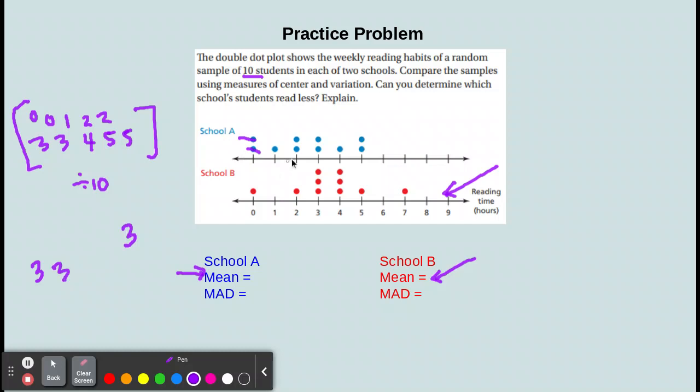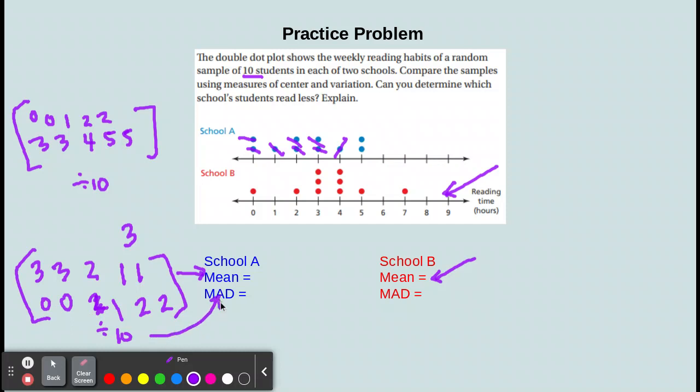Another 3. 3 minus 1 is 2. 3 minus 2 is 1. 3 minus 3 is 0. 3 minus 1 is, 3 minus 4 is 1. 3 minus 5, absolute value of that is what? 2. Okay, so you add all those, right? And then divide that sum by 10, and that will give you your MAD.